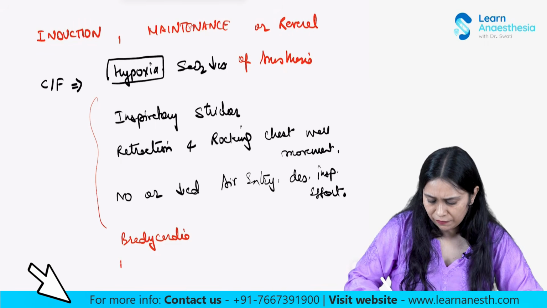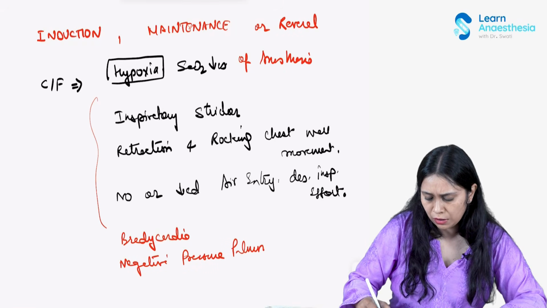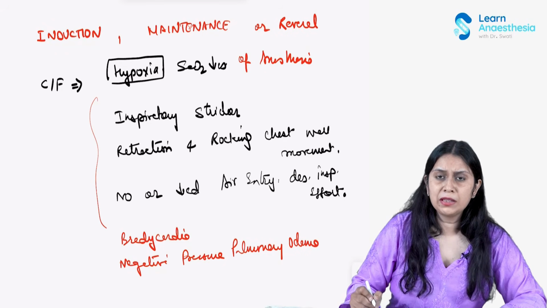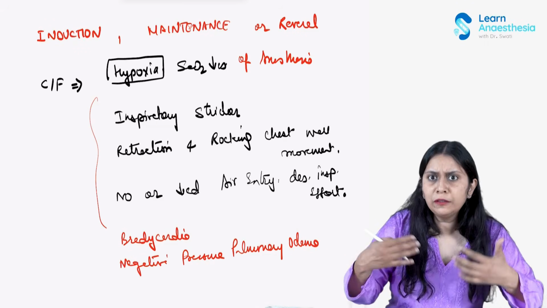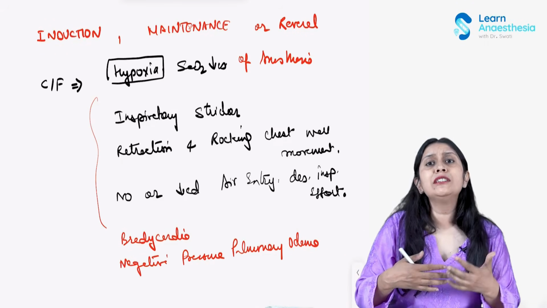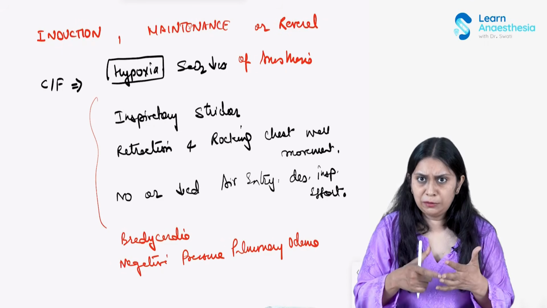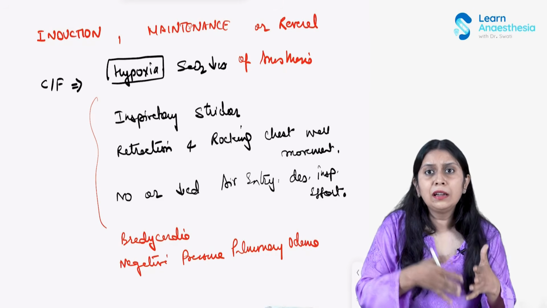Then the patient may develop negative pressure pulmonary edema, which is one of the most sinister complications of complete laryngospasm. The patient is trying to breathe against a closed glottis, so a lot of negative intrathoracic pressure is developed, and because of this the hydrostatic pressure increases and this results in pulmonary edema.